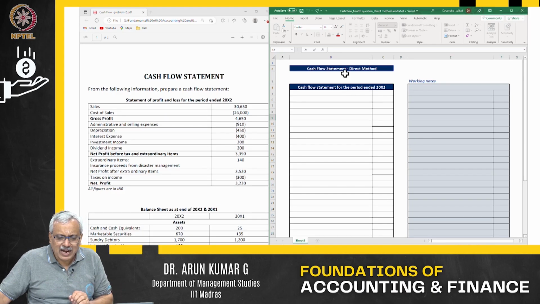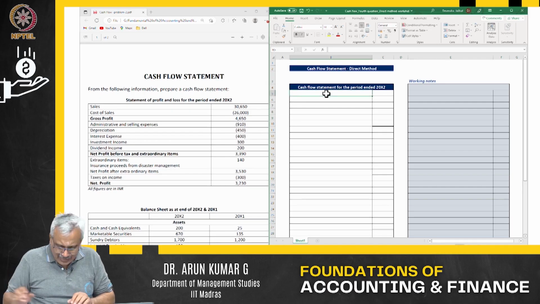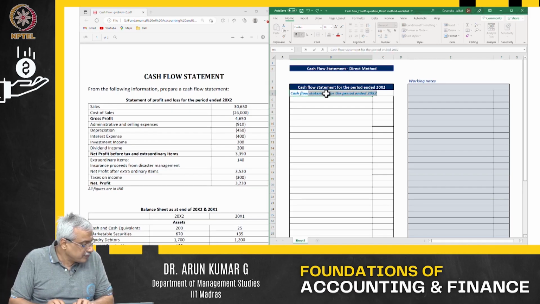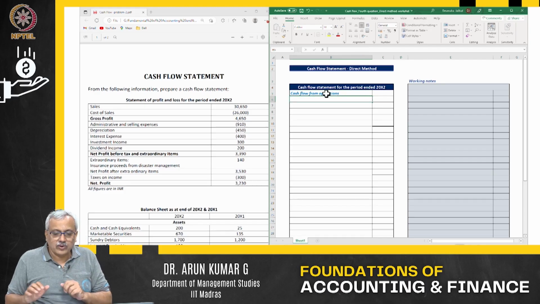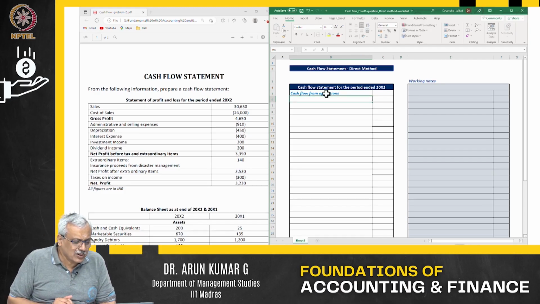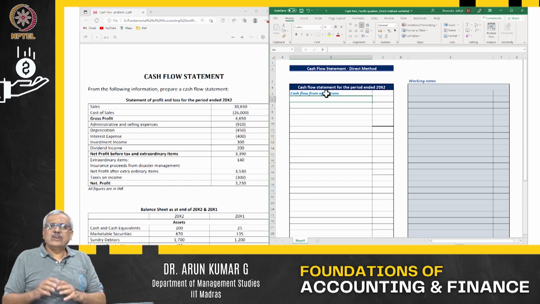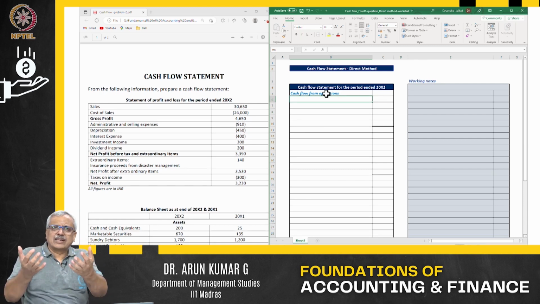As a first step, under the direct method, we say cash flow from operations. Let us look at cash flow from operations. When you are looking at cash flow from operations, what is the key aspect?